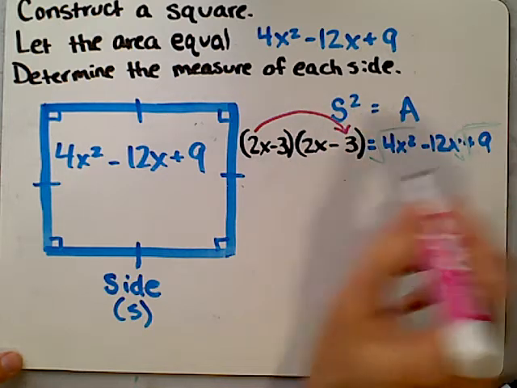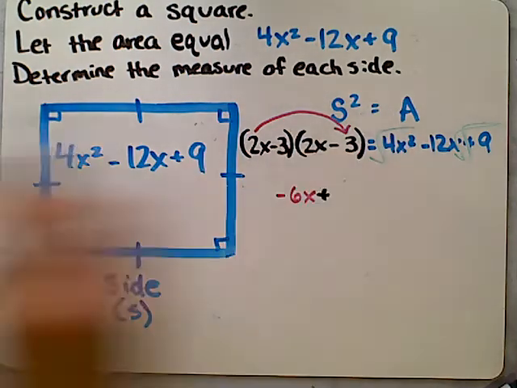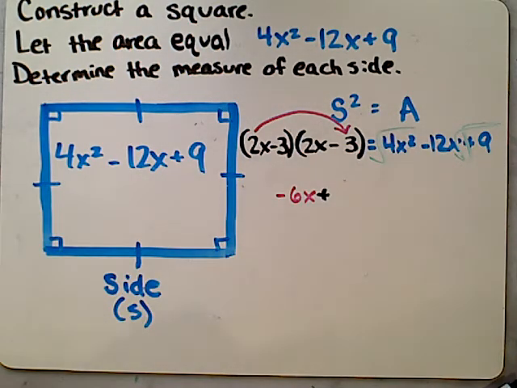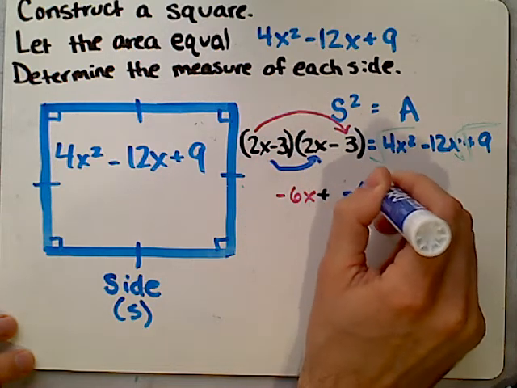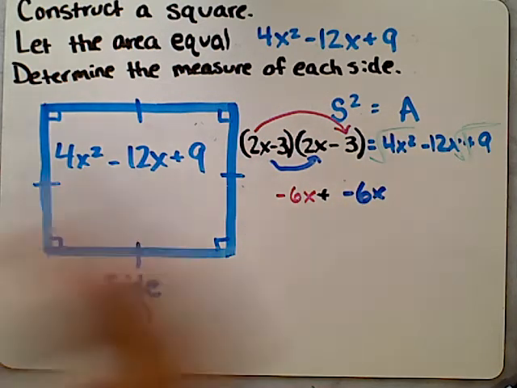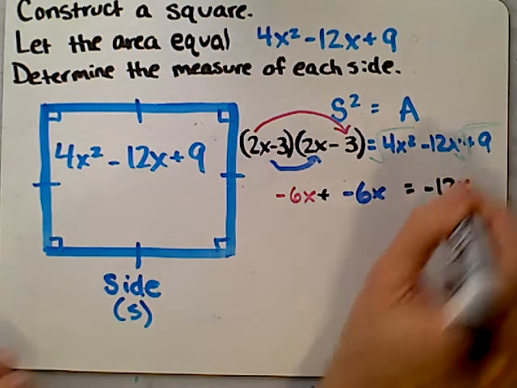That would give us negative 6x. And we would also multiply this negative 3 by that positive 2x. So we multiply this term by that term, and we get another negative 6x. And we can verify at that point negative 6x plus negative 6x equals negative 12x.